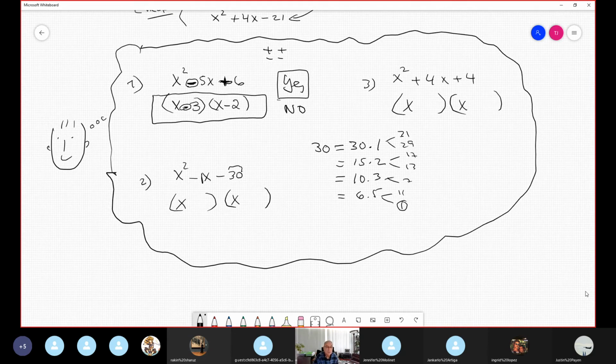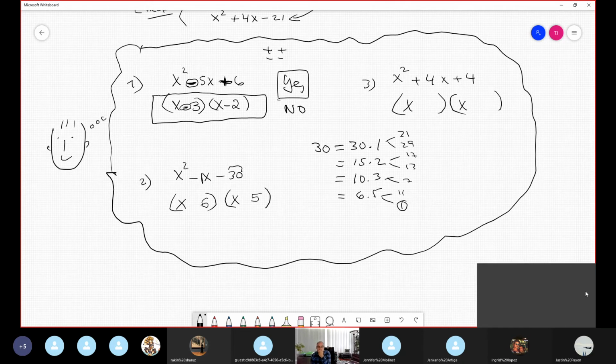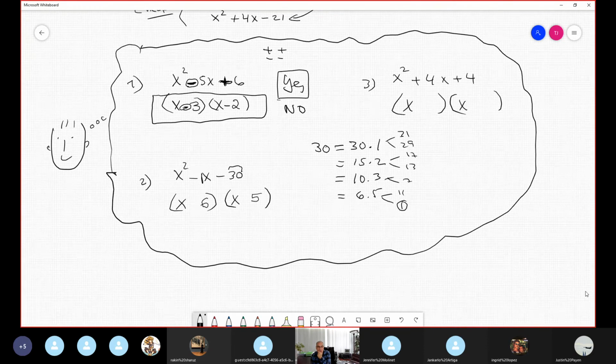Okay, 1. It's obvious, 6 and 5. Good. What sign? Same sign or different sign? Different, because the first sign is negative. Therefore, it's a different sign.